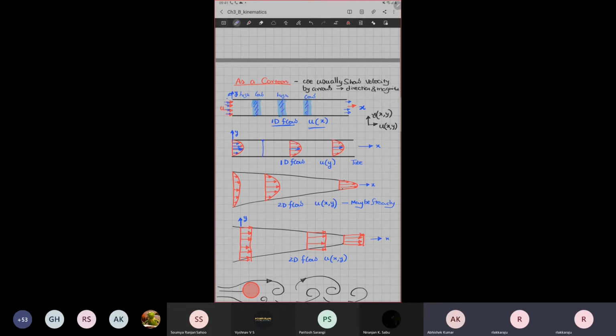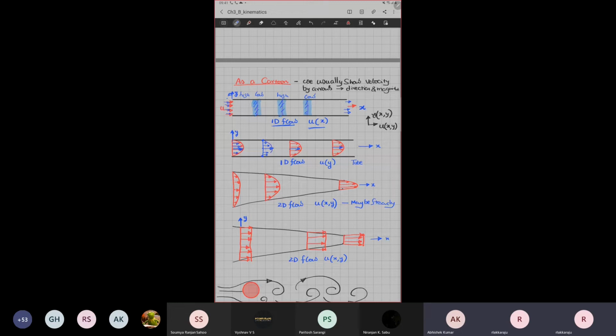Here the velocity is 0, let us assume. Here the velocity is 0, so just a point. But here there is a velocity. If I keep a probe at that location, how strong is that velocity, maybe 1 millimeter per second. As I go in the vertical direction, it might decrease to 0.5 millimeter per second, 0.25 millimeter per second, and so on.